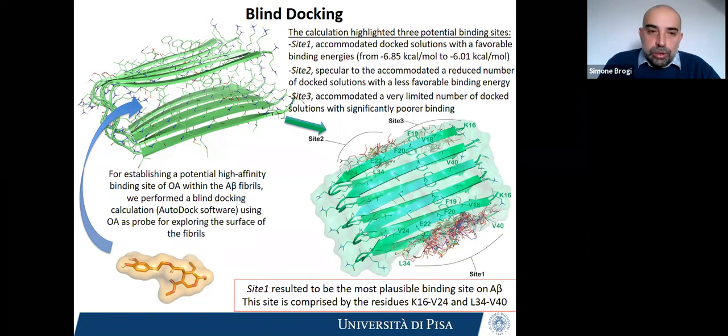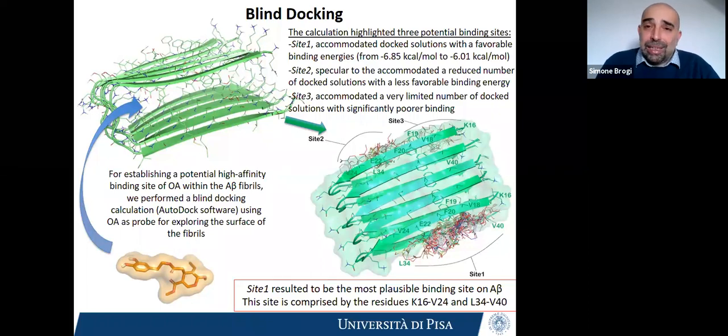This calculation was performed by AutoDock software, and the results showed that there are three possible binding sites for oleuropein aglycone within amyloid beta fibrils.